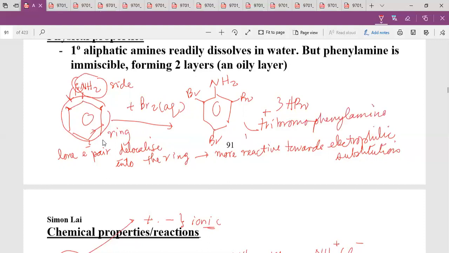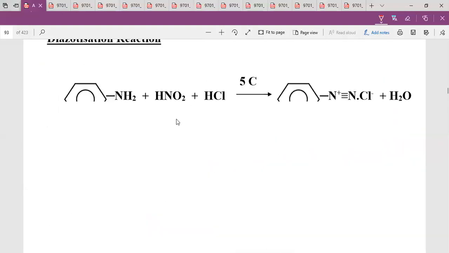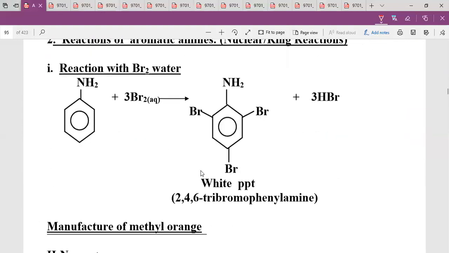Okay, this is the white precipitate. Very good, you can see it, right? This is your colorless solution. So you can observe it very clearly. And this is frequently asked.